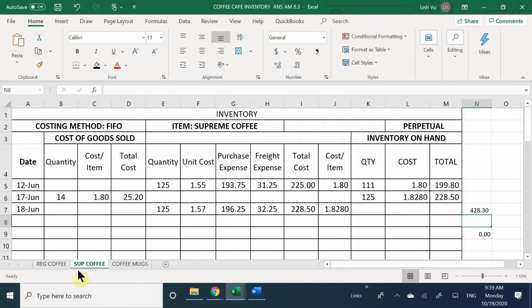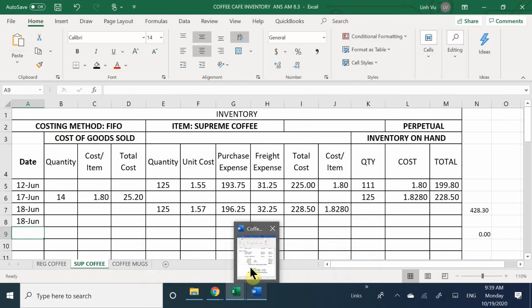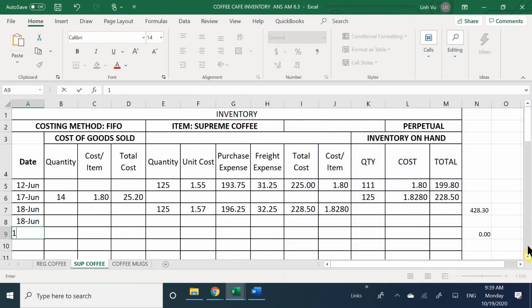So then for Supreme Coffee, let's go ahead and calculate this. How many pounds of Supreme Coffee did I use? 14 pounds. I used 14 pounds. Okay. What method am I using to calculate my cost? First in, first out.